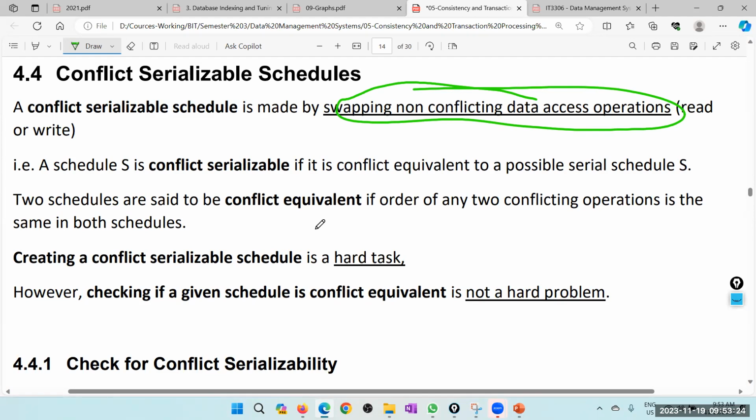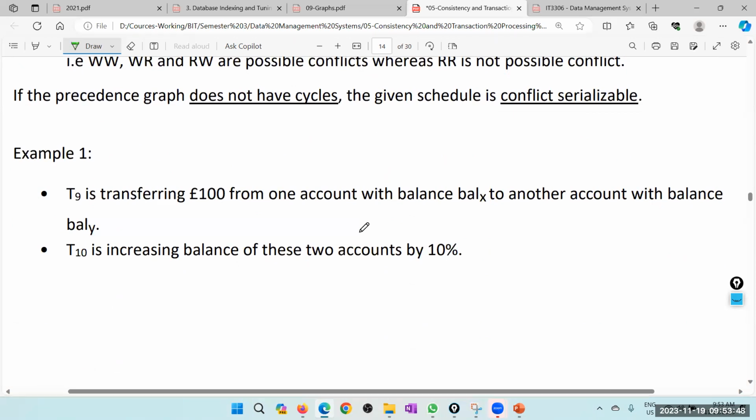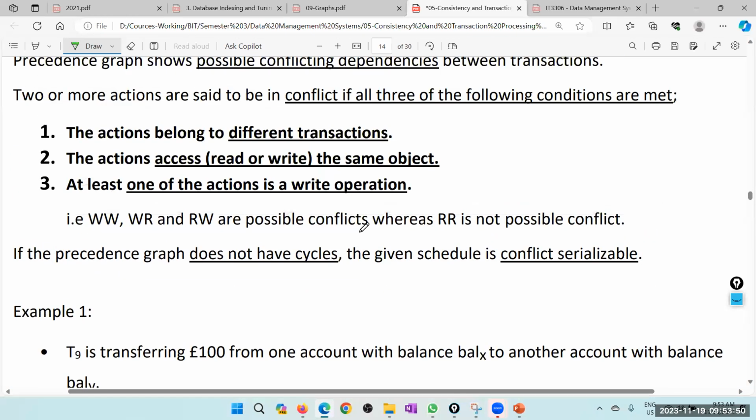So by swapping, we make it non-serial, but still it is conflict serializable, because conflict serializable schedules are equivalent to one of the serial schedules. Now let's see whether a particular transaction schedule is conflict serializable or not.